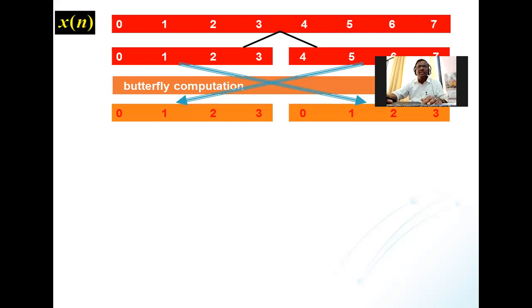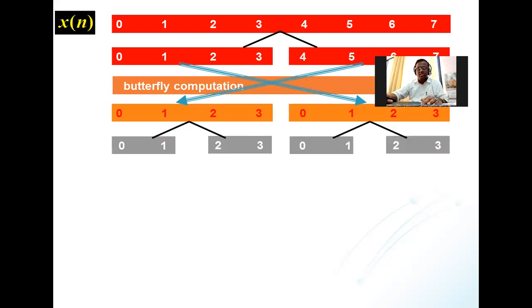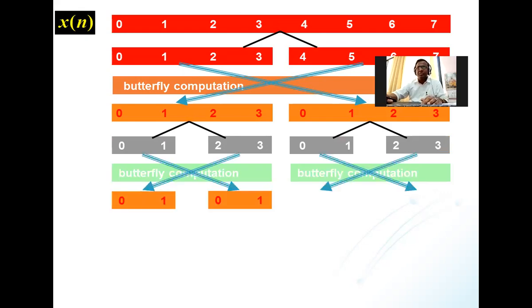So we are evaluating the values of the first stage, again 4-point values. After that, we convert the 4 points into two points. Then the butterfly diagram used for this is this way, and then we calculate its frequency domain values again.